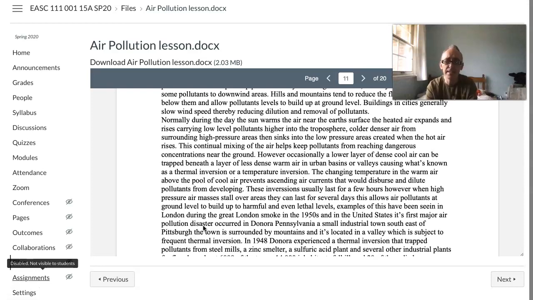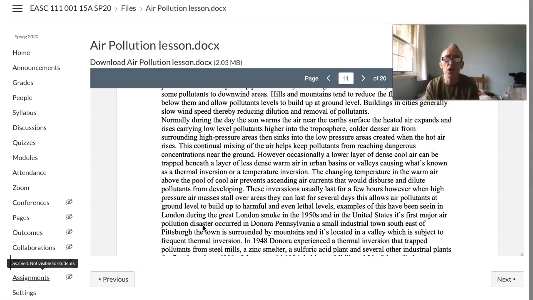However, occasionally a lower layer of denser, cooler air can be trapped beneath a layer of less dense warm air in urban basins or valleys, causing a phenomenon called a thermal inversion or a temperature inversion. The change in temperature in the warm air above the pool of cool air prevents rising air currents that would disperse and dilute pollutants from developing.